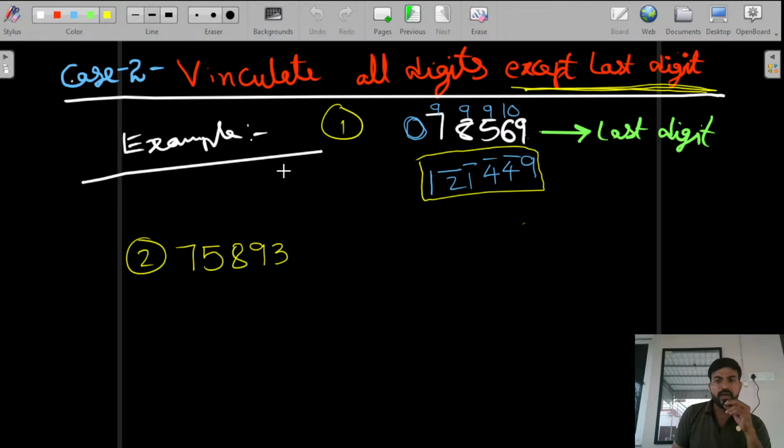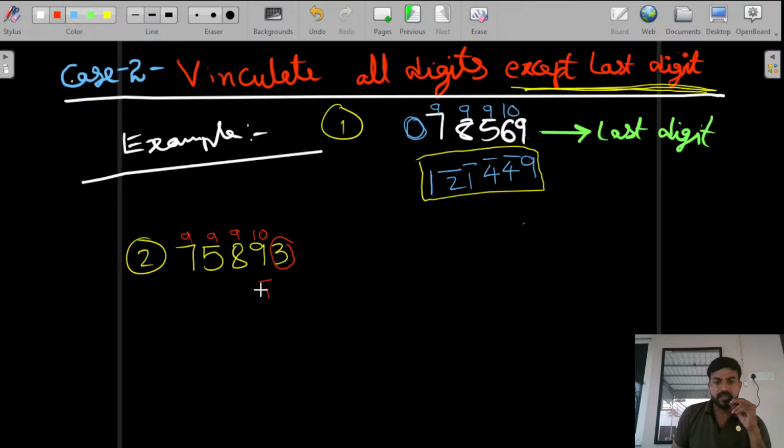Okay, here we have to vinculate all digits except the last one. You have to leave this 3 as it is. So apply all from 9, last from 10 on the remaining digits.